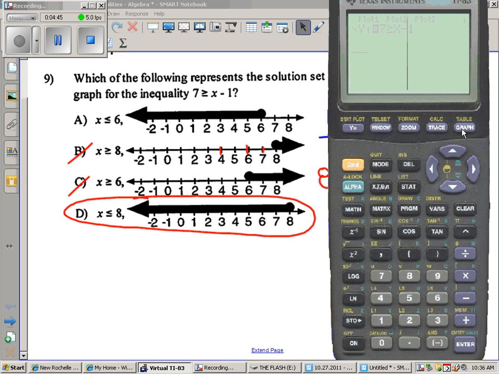Please, calculator, show us a picture of the answer. You see, that is the picture of the answer that we are looking for. Sometimes you'll have to be sure because A and D look really close, so you should count 1, 2, 3, 4, 5, 6, 7, 8.